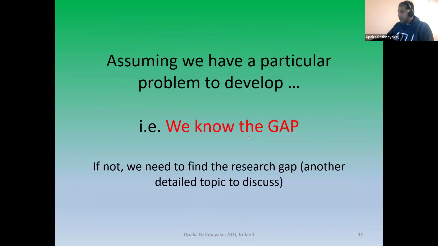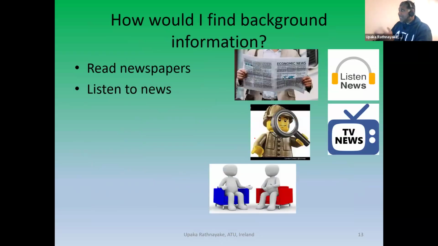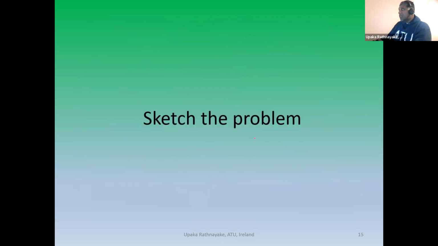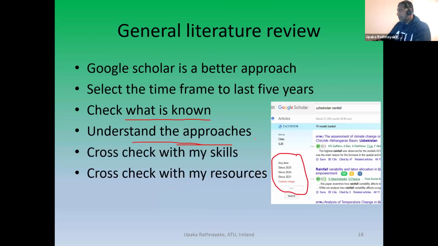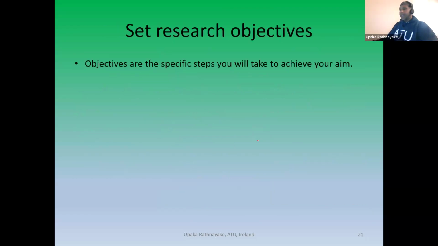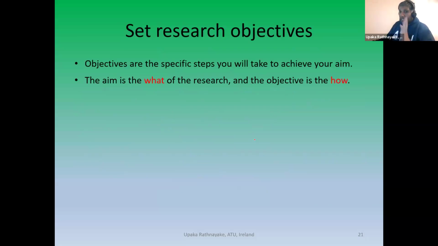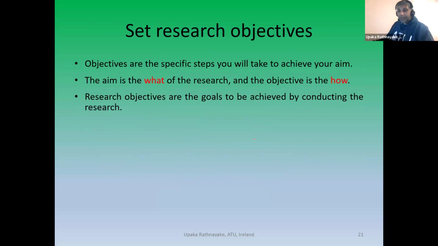That's the what of your research, but how we are going to fulfill this research gap, those are the objectives. Objectives are specific steps you will take to achieve your aim. So the aim is the what of the research and the objectives are the how.